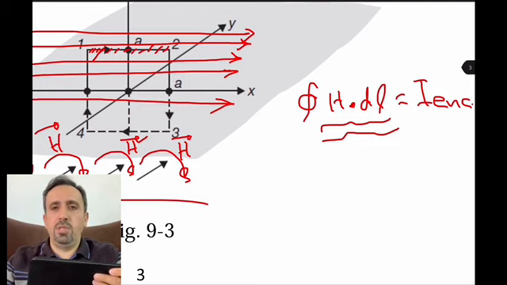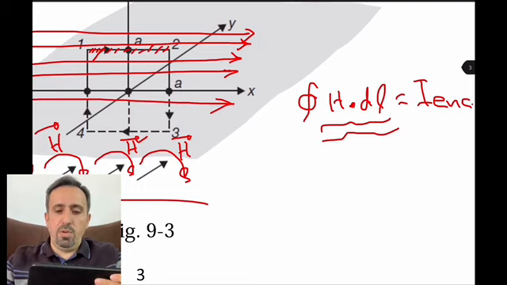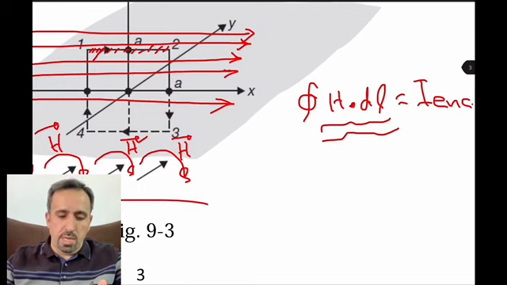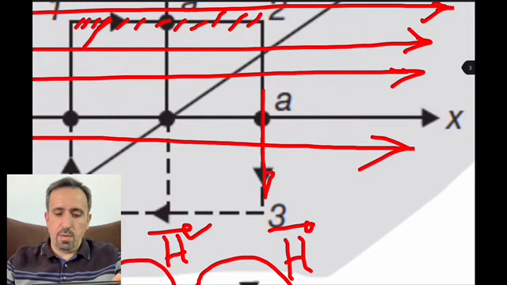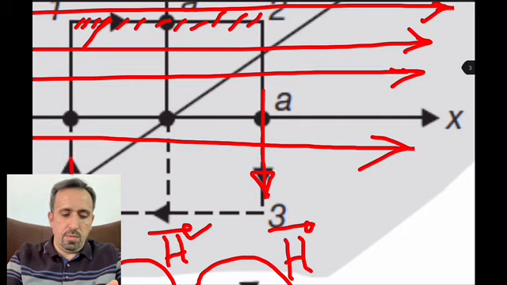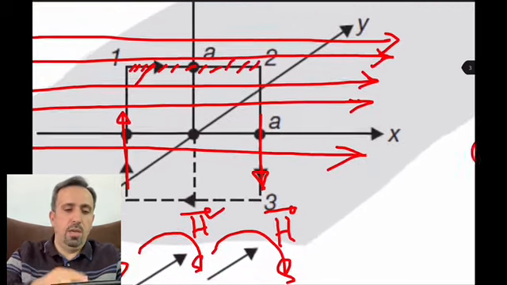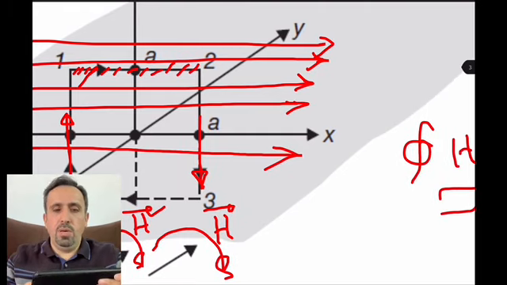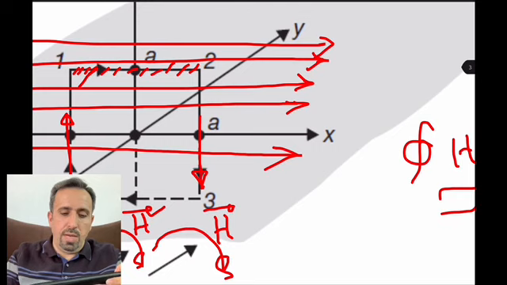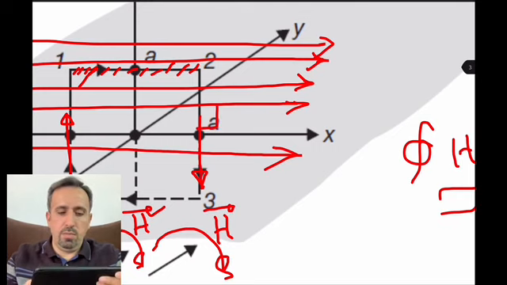You have 4 sections, but fortunately you will not calculate H dot dl for all of them. Why? For the vertical sections, from 2 to 3 and 4 to 1, the dot product of H dot dl will be 0, because it is very obvious that you have a right angle. For that reason, you will get 0.